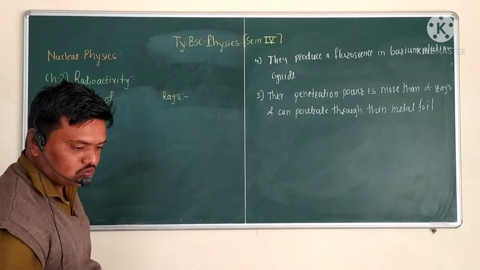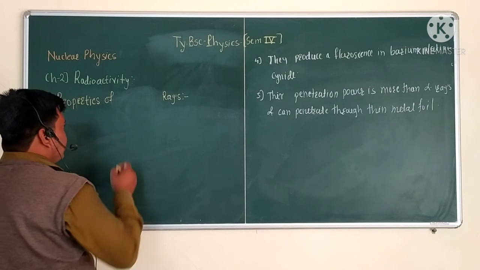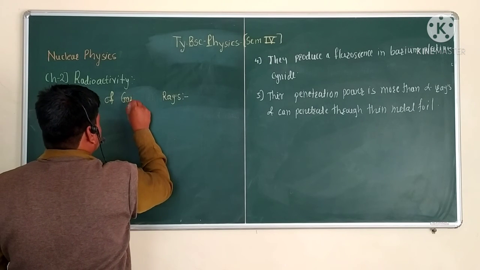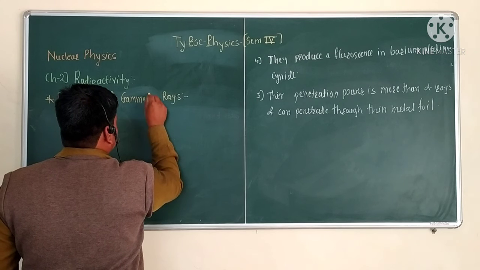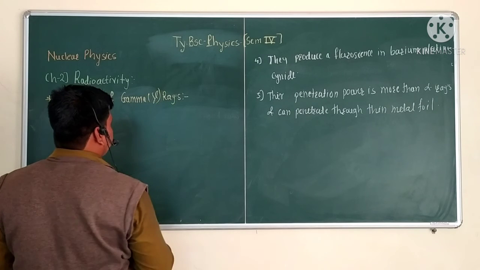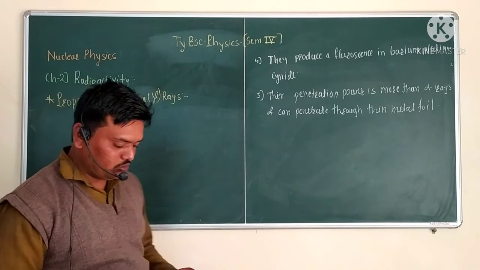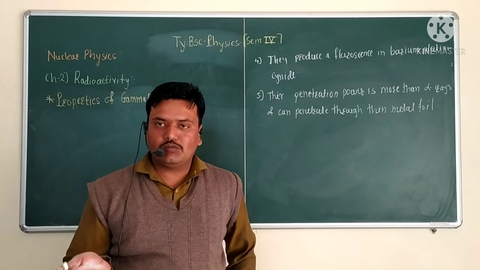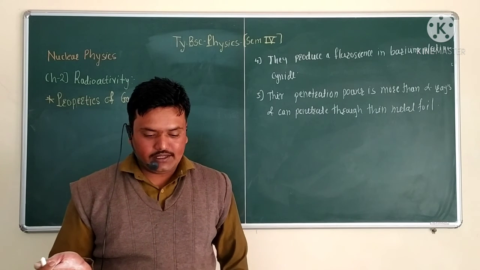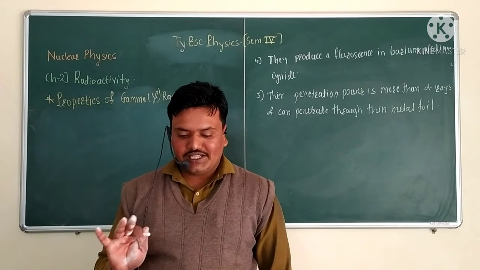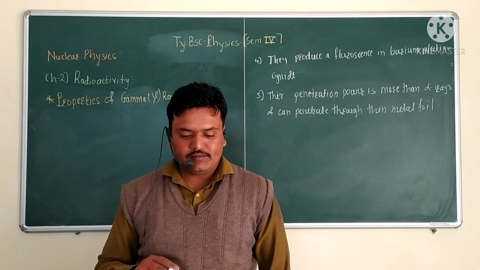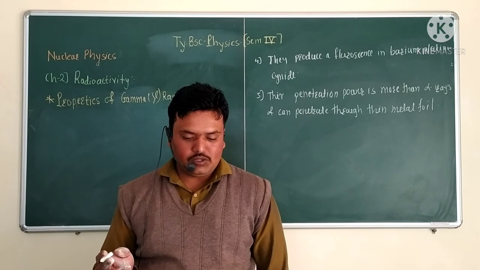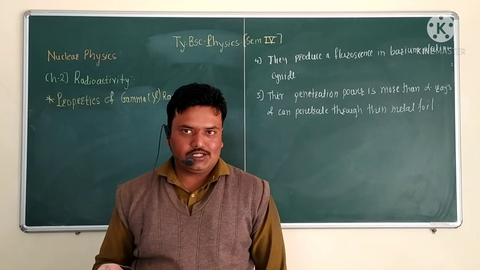So next we want to see the properties of the gamma rays. The first property of the gamma rays: they are electromagnetic waves, very small in wavelength, and the wavelength ranges from 0.005 angstrom unit to 0.5 angstrom unit.